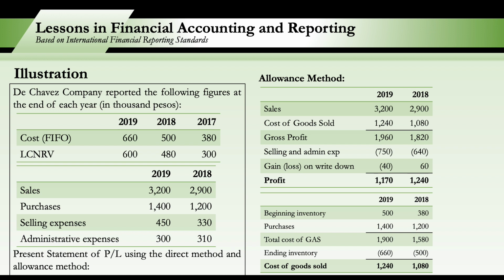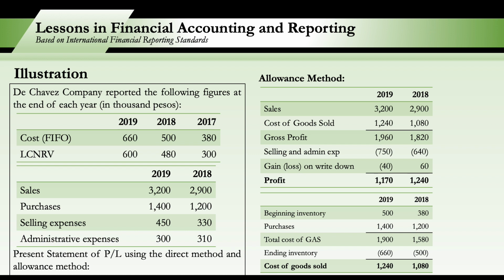Pero dito sa allowance method, the beginning and ending inventories are presented or are recognized at its cost. Kaya meron pa tayong adjustment sa ating profit or loss na gain or loss on write-down para whatever is the method, whether direct method or allowance method, mag-equal yung profit natin. So adjustment natin lagi yung gain or loss on write-down.